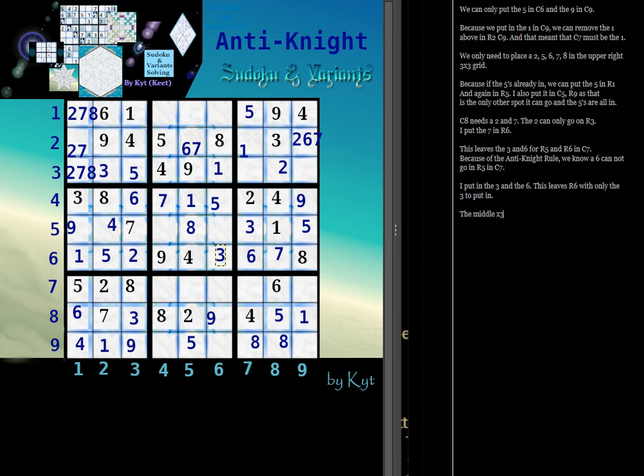The middle 3 by 3 grid only needs a 2 and 6. I cannot determine which goes where.